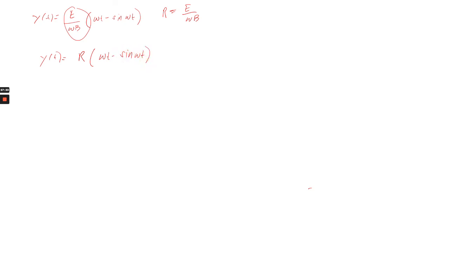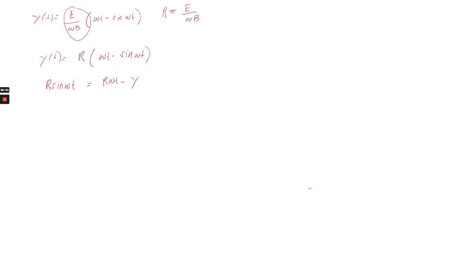So I will transpose this. r sine omega t equals, I move it to the left hand side, so the right hand side becomes r omega t minus y.